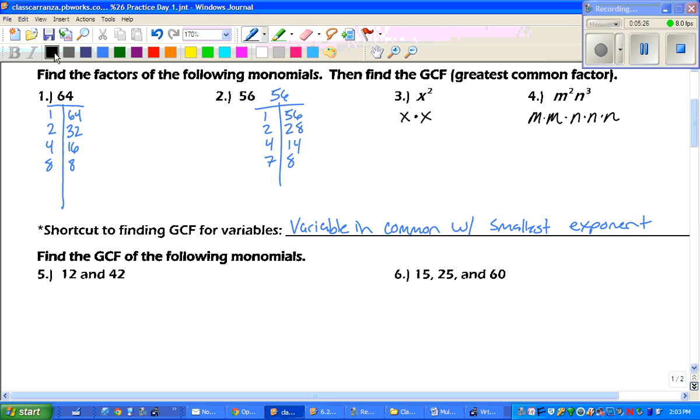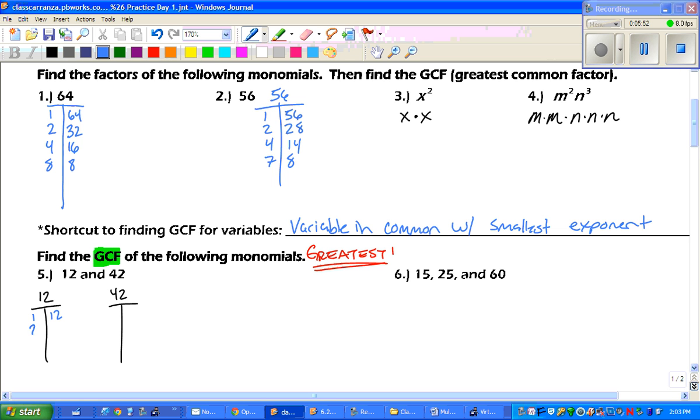All right, next we have to find the GCF of the following monomials. What we're going to do here is take the factors of 12 and the factors of 42. The key thing is we want the GCF, and GCF means the greatest. So let's go through. 12 is 1 and 12.